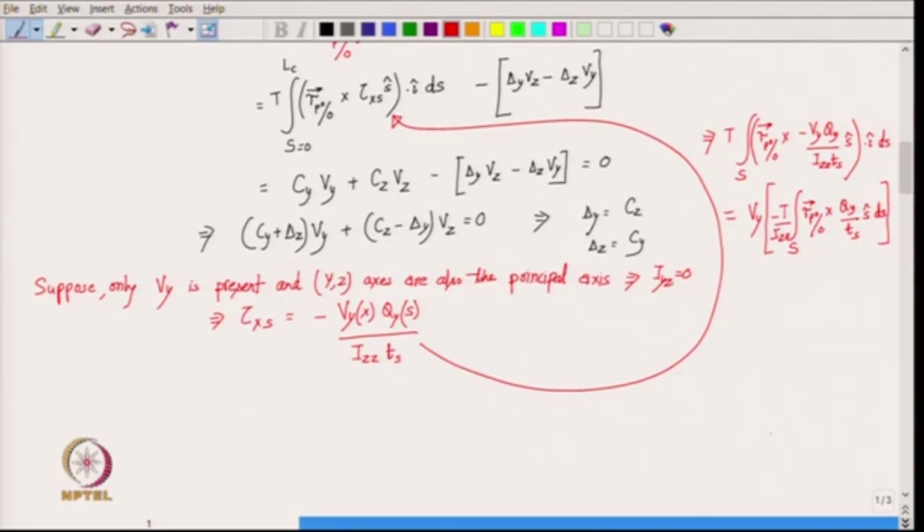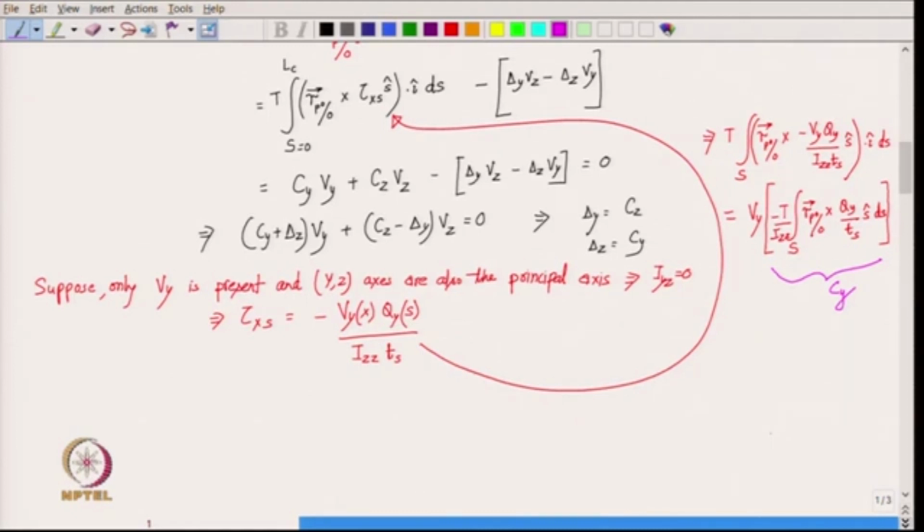Okay. And this expression right here within the bracket, that is my C y. And we have seen that C y is equal to delta z. So, if you want to know the z coordinate of the shear center, you simply do this integral. Likewise, you can also find out an expression for the y coordinate of the shear center, delta y, all right.